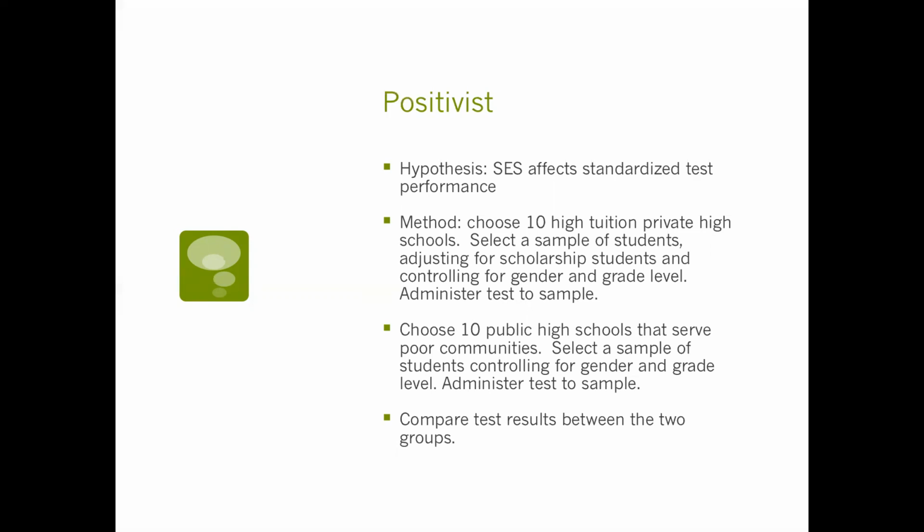And then you choose 10 public high schools that serve low-income communities, select a sample of students controlling for gender and grade level, and administer the same standardized test to that sample, and then compare the results between the 2 groups. So in this paradigm, a positivist look on this problem might lead us to create a research study like this.